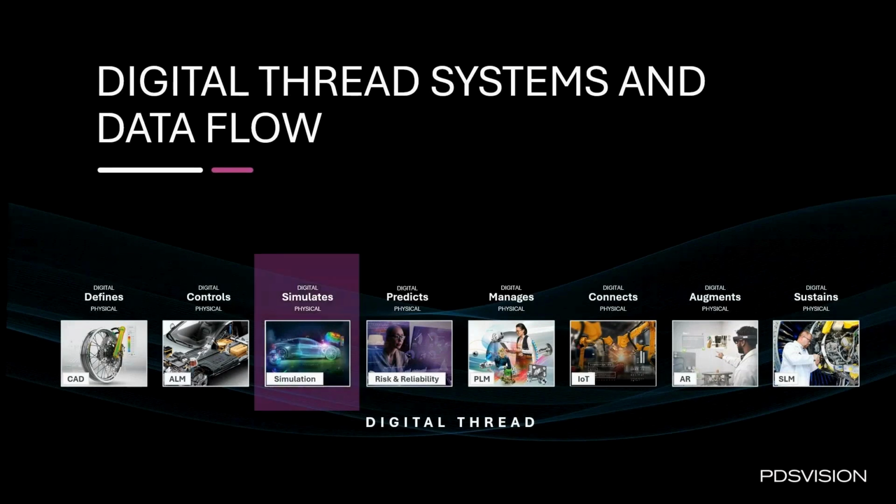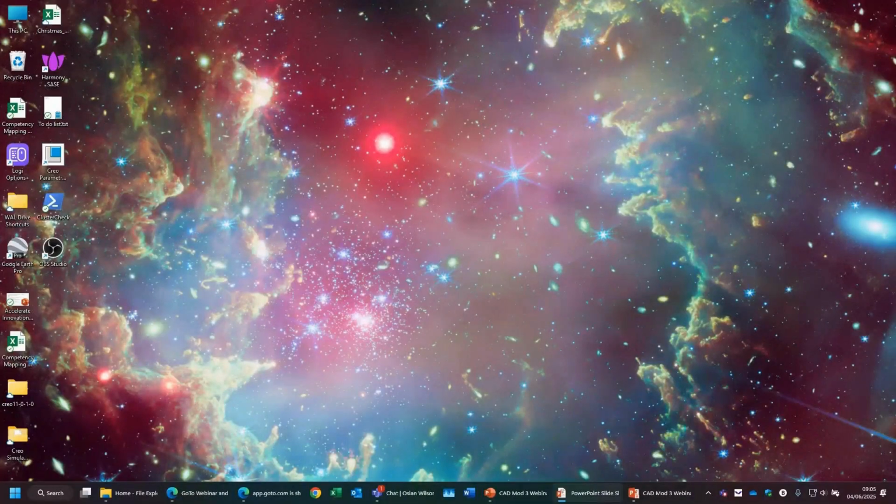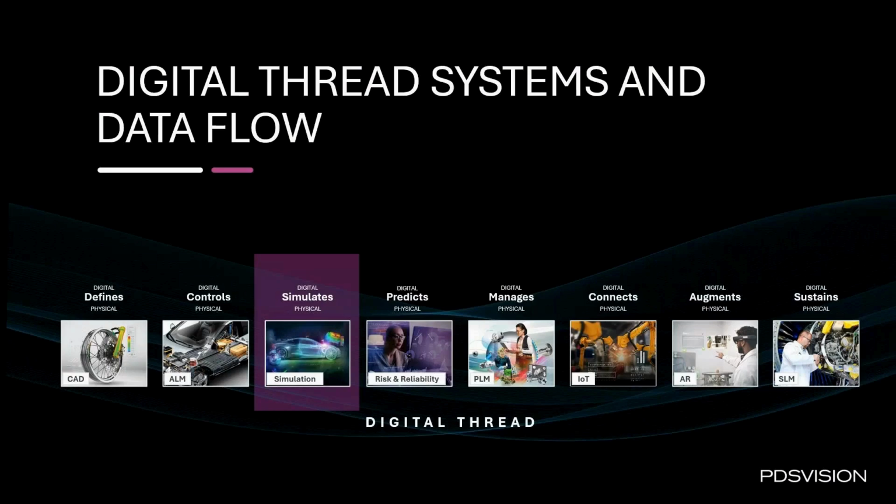So this gives a very quick overview of all the traditional ideas of what a digital system and digital thread looks like. And today's session is highlighted there, focusing on simulating and understanding how a product works. I'll hand you over to Oisin now.